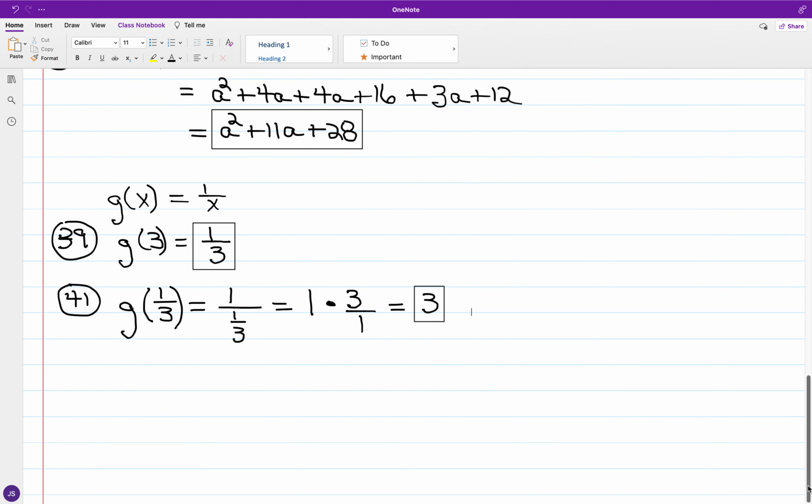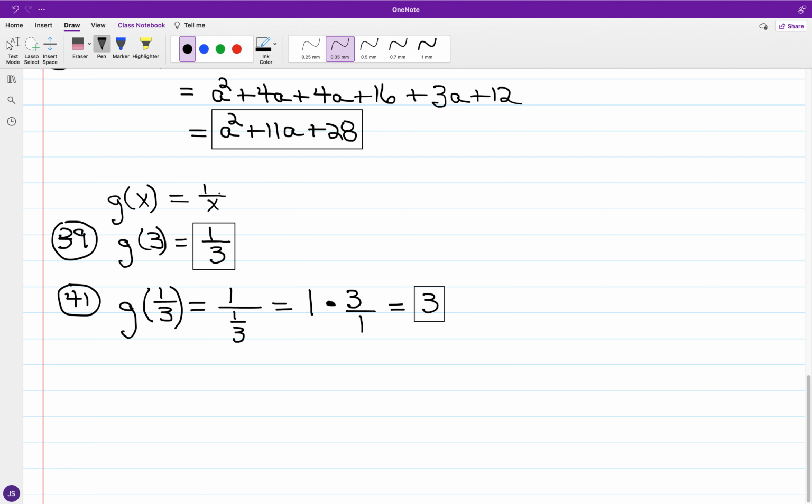Now I have a quadratic function, a reciprocal function, and for h of x, this is going to be a constant function. Basically, this is going to be impervious to whatever input there is.